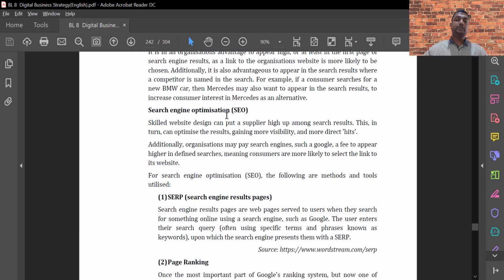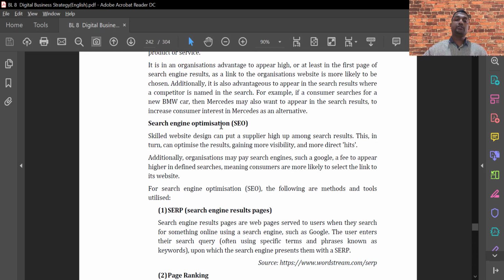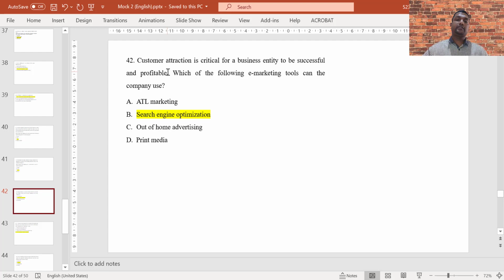If an organization can use search engine optimization to bring their organization and their products to the first page of the search results, they have more chance of attracting more customers, because customers will tend to see these products and services listed. So a company can attract more customers by doing search engine optimization.